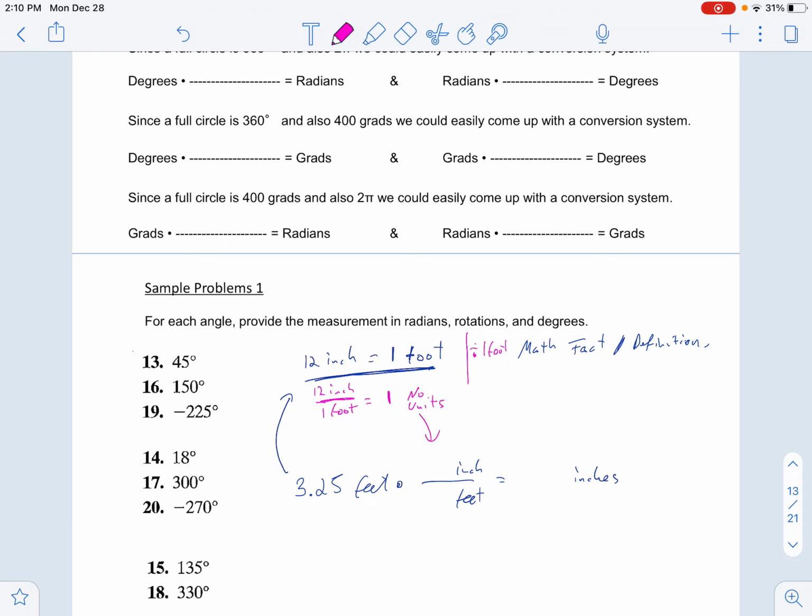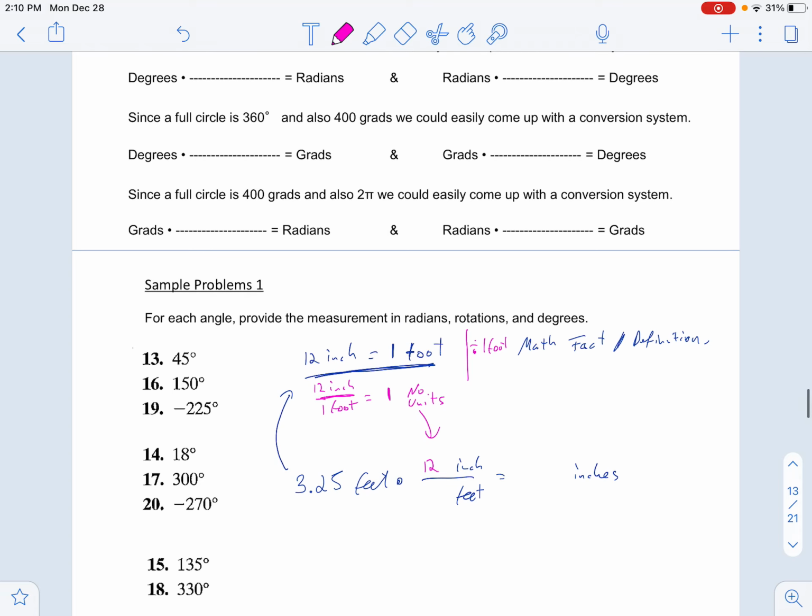So I'm now going to say that's times 12 divided by 1 foot. Now, these units cancel out. I'm left with my inches, perfect, and 3.25 times 12 is like 36 and 3, so 39. There we go, that is 39 inches.